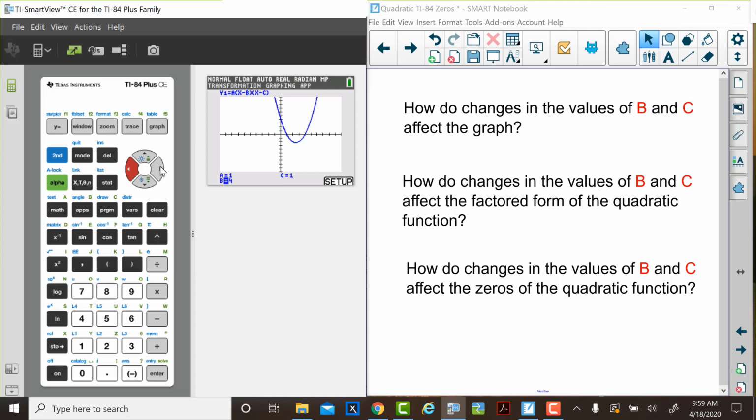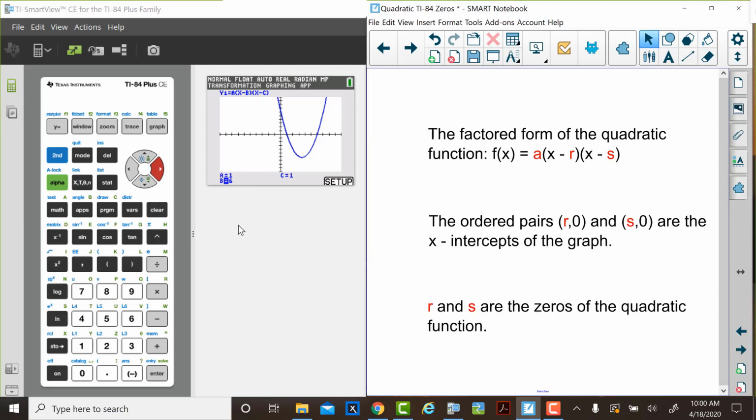Let's think about these changes and summarize them. Hopefully you noted, as we look at a summary page, that these values of b and c definitely affected the graph in many ways. We're going to move to the next page in the notes at the right and summarize these changes. The factored form, of course, is still the same except for the values changing.